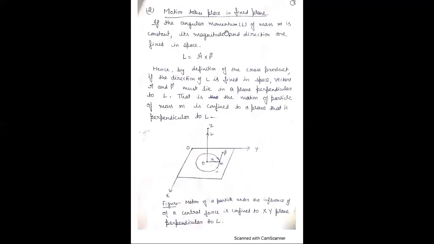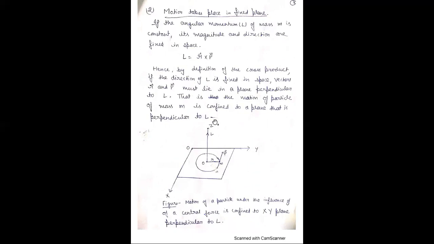Next, the motion takes place in a fixed plane in a central force field. If the angular momentum L of mass m is constant, its magnitude and direction are fixed in space.